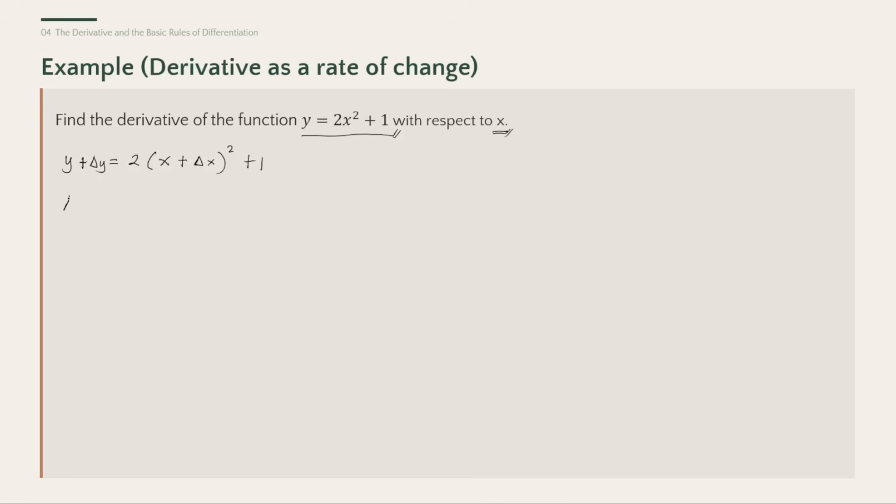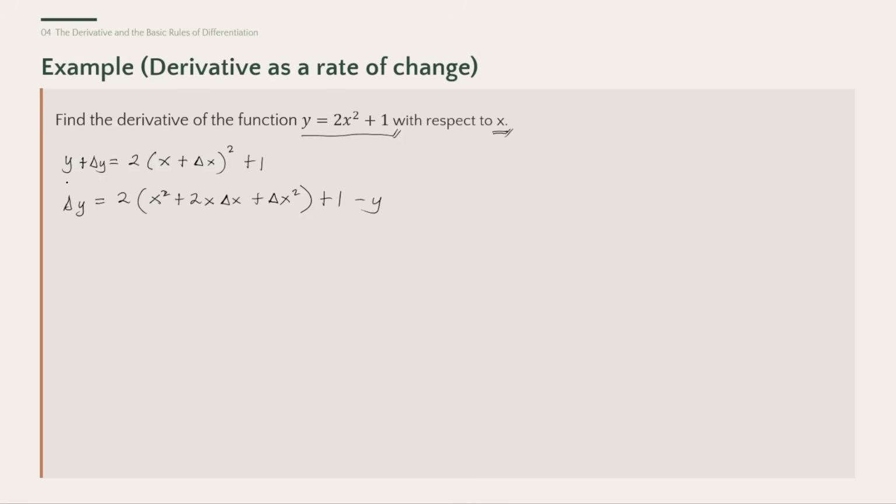And transposing y to the other side and expanding this quadratic term, we have x squared plus 2x delta x plus delta x squared plus 1 minus y.